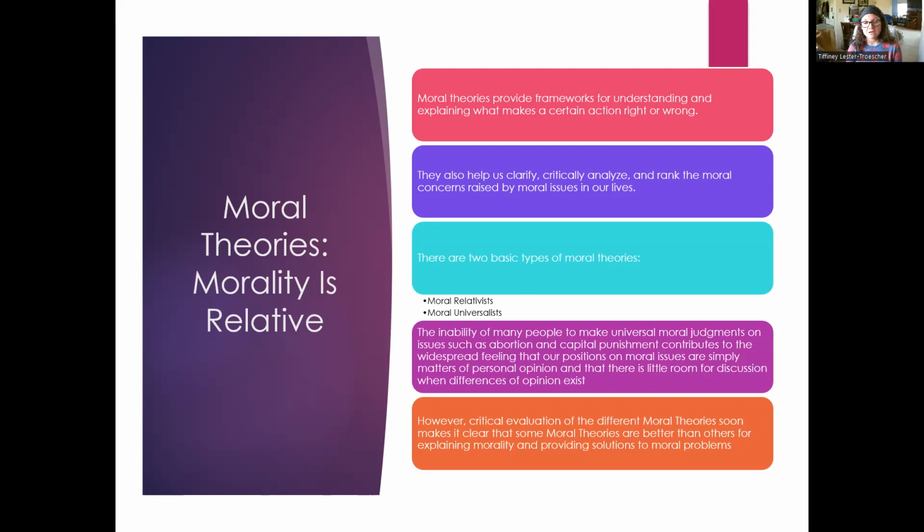But if you really look at different moral theories, you soon realize that some moral theories are better than others for explaining morality and providing solutions to those moral issues. It might not be as much a matter of opinion as we think it is.